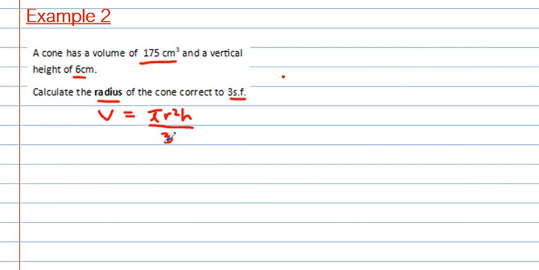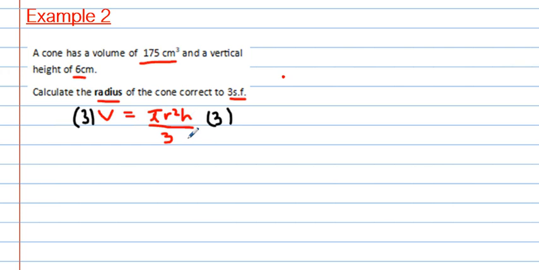Okay. Now I'm going to get rid of the 3 so that I have a straight line in my answer. So I multiply both sides by 3. So if I multiply that by 3, I multiply this side by 3 as well. Okay. I'm using the bracket to indicate my multiplication sign.